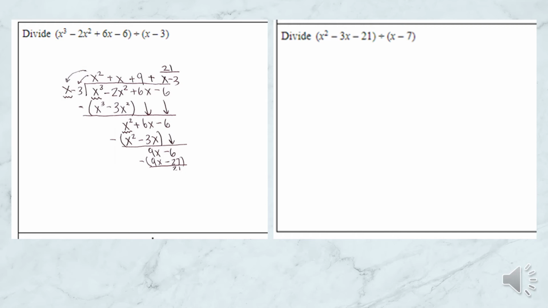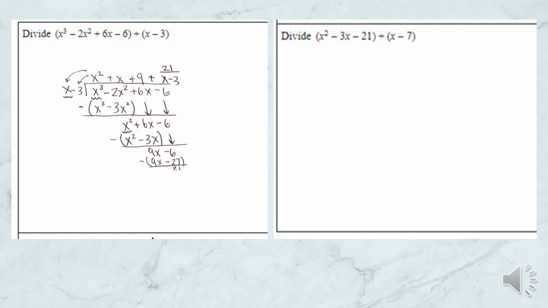Then we multiply x squared times x and x squared times negative 3 and place those numbers underneath. Then we subtract. x cubed minus x cubed is nothing. Negative 2x squared minus negative 3x squared is going to give us negative 2 plus 3, which gives us positive 1x squared. We bring down the next term, which is 6x, and we repeat.